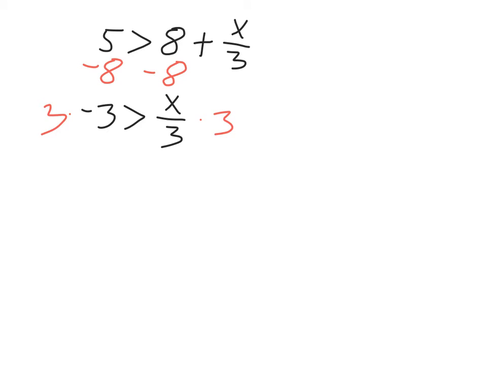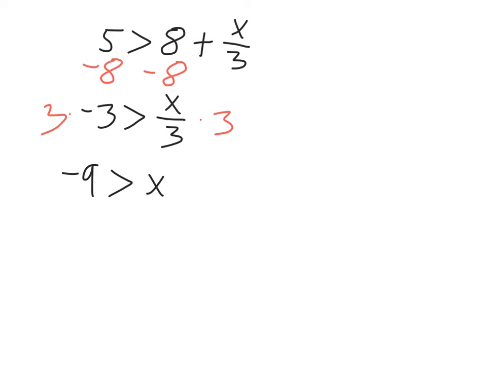On the left, we have negative 9 is greater than x. Now one note, notice I did not change the sign. I did end up multiplying by a negative here, but that wasn't what I multiplied both sides by. So you have to look. What do you multiply both sides of the inequality by? We multiplied it by 3, a positive 3. So we didn't change the sign.